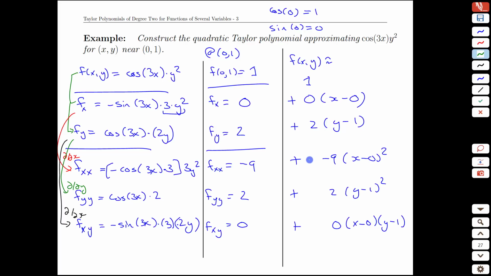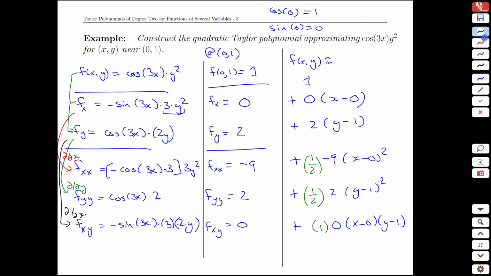And then the only thing we can't forget are the multipliers for the quadratics. There's an exponent 2 here. We'll have a half coefficient out front. Same here. And then this term doesn't really matter because we're multiplying by 0. But if we had a non-zero value, we would just multiply it by 1 or leave it the same way as it is.